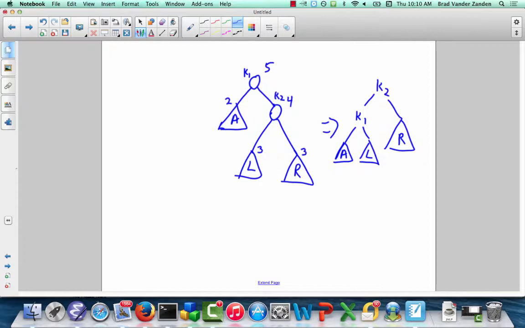The heights of A, L, and R don't change. They're still the same. So we still have 2, 3, and 3. So that means the height of K1 is what? 4. And the height of K2 is 5. But importantly, the difference in heights between A and L is 1. The difference in height between K1 and R is 1. Therefore, that is an AVL tree.